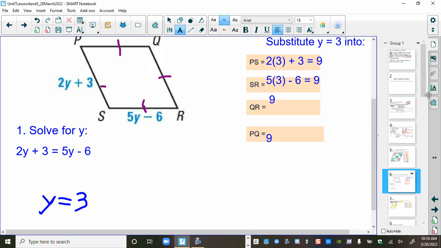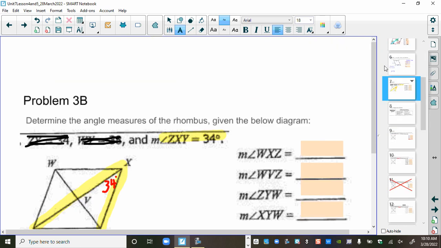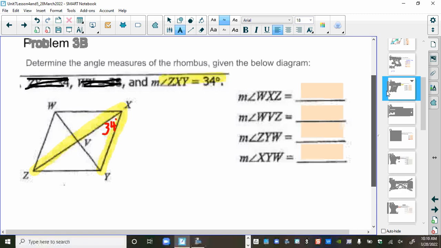All right, next question. Now we're going to be working with angles again. So highlighted, we said angle ZXY is 34 degrees. Do we have enough information to get all the other angles?